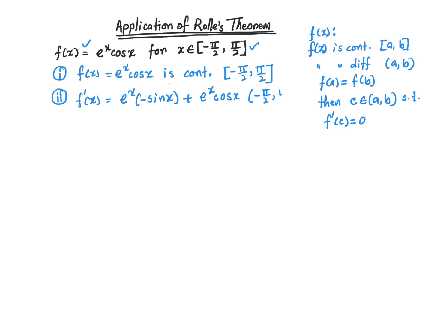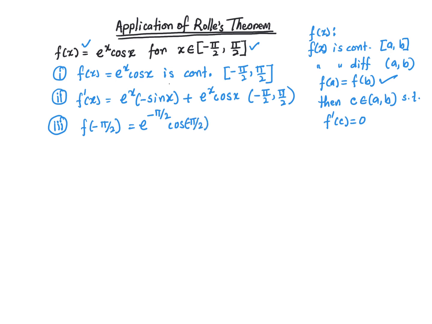The third condition is that f of A is equal to f of B. Now, A in our case is negative pi over 2, so f of negative pi over 2 is equal to e to the power negative pi over 2 times cosine of negative pi over 2.